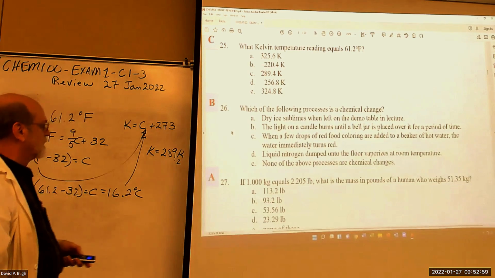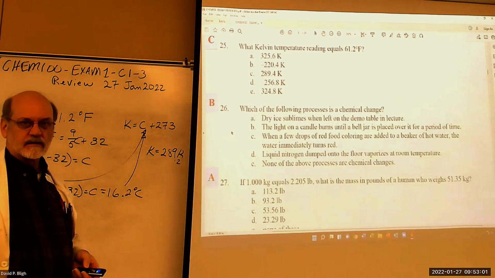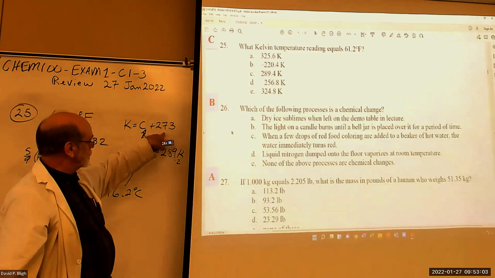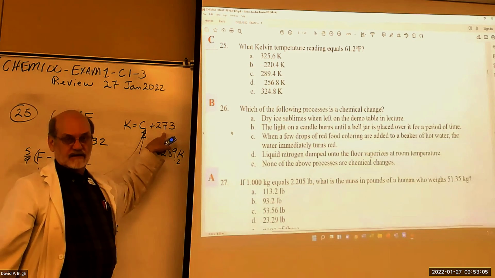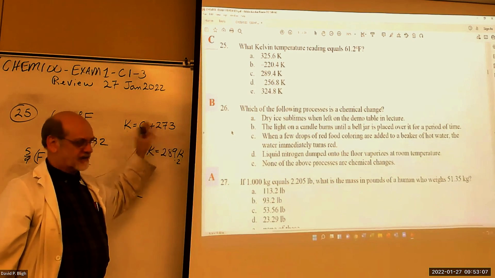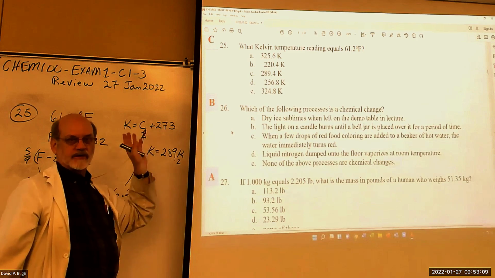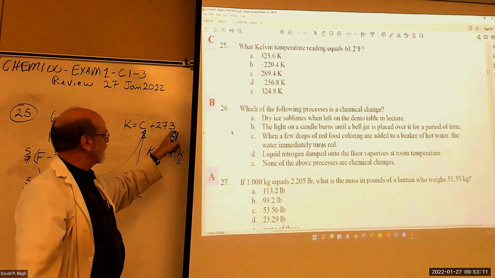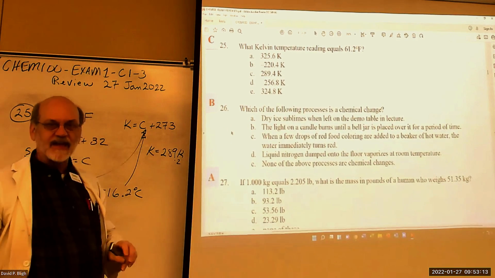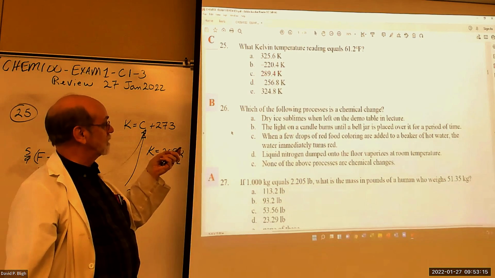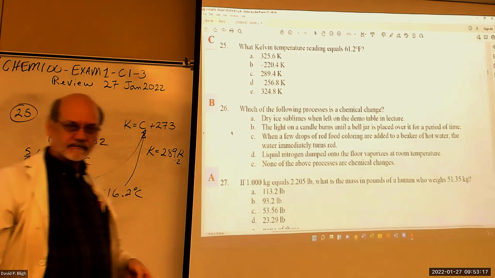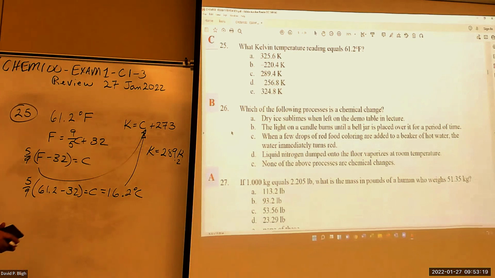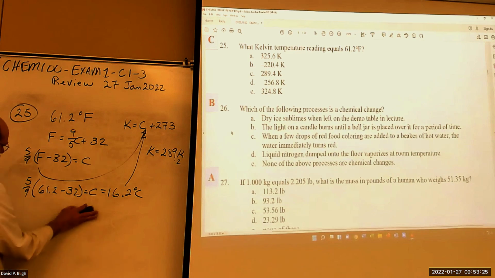It's probably a rounding error, or they use 273.15, which is the extended version, or 273.147. More decimals in that conversion. That's where that difference is. Okay? That was 25, 26. It's already up there.